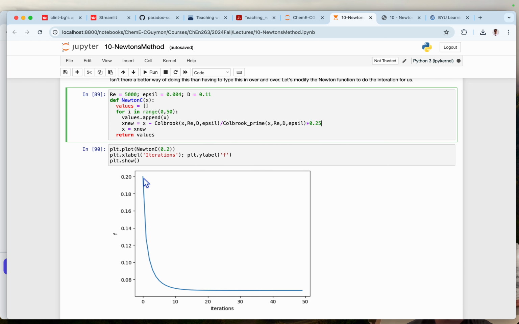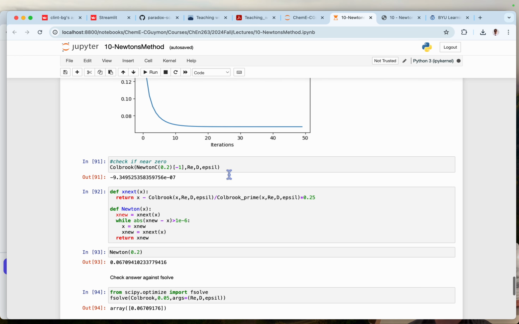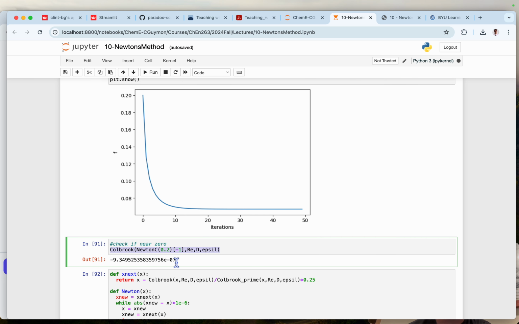You can see it drops from 0.2 down to 0.13, and so on and so forth until it gets to a steady value around 12 iterations and levels out. So we can check if that value is at 0, so I can put my method in, and I'm just choosing the last value that it returned, which is way out here. And what is that value? It should be 0, and it is very close to that.